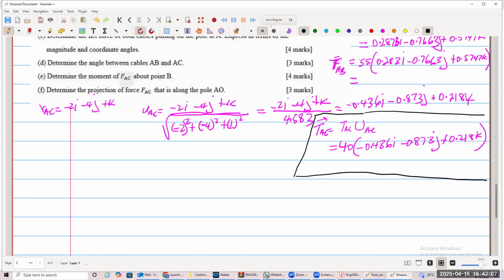Alright, that's written a little bit close to that figure up there, that's why I put it there. So that's the tension. Remember, this is a scalar value times the unit vector. That's the formula.